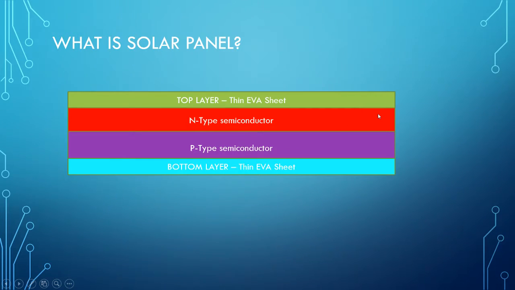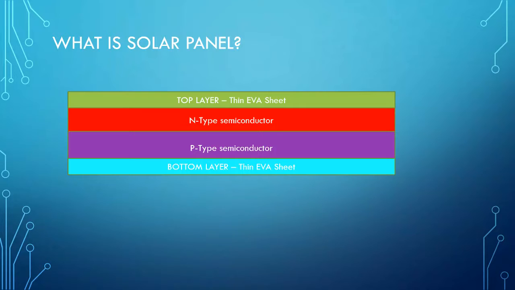So when you have a terminal from here and another terminal from here, if you connect one LED bulb between these two terminals, the LED bulb will glow, because the current movement between the positive ions and the negative charged ions will have a unidirectional force of electron flow, which causes the LED bulb to glow. So that's why we use a p-type and n-type semiconductor junction here.